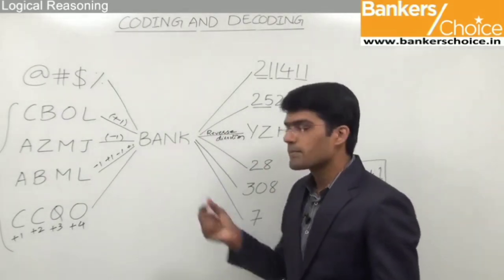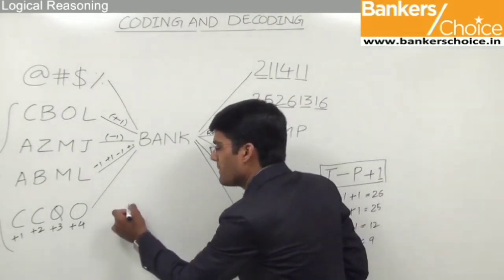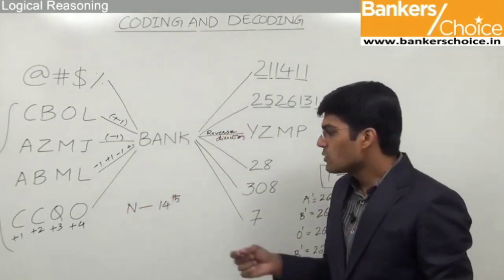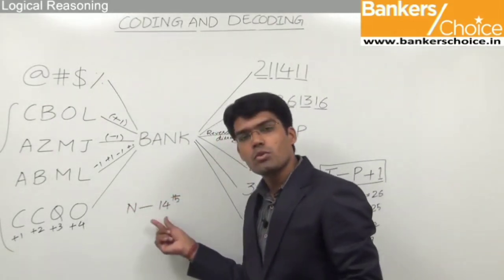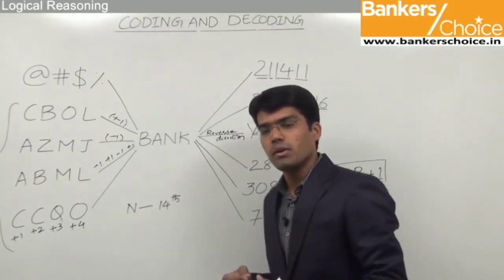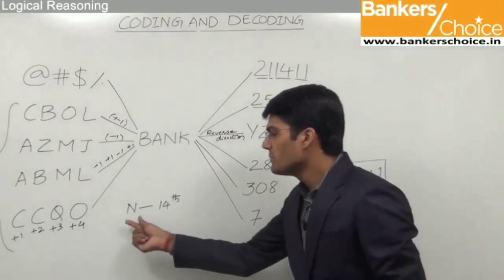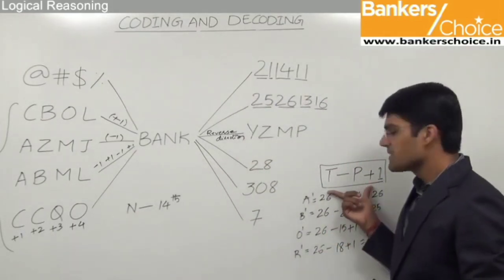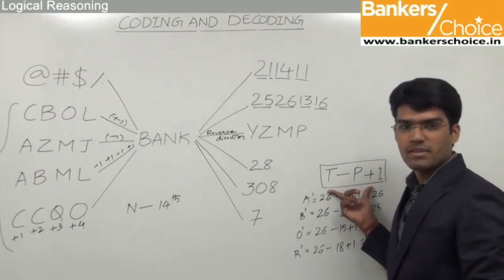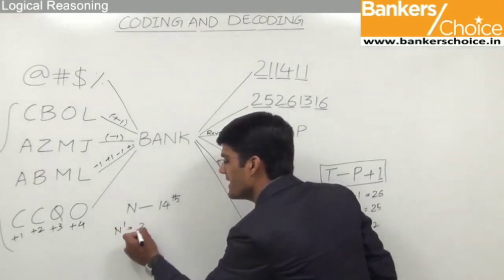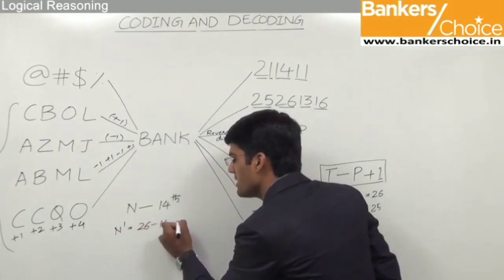Let's take the letter N. We know that in the alphabetical order, N takes 14th position. Now to find out what letter is going to come in 14th place from the reverse alphabetical order, what we can do is, first of all, find out the position of N from the reverse side. And that can be done with the help of this formula, as we have already discussed. So we can say that the position of N in the reverse side will be 26 minus 14 plus 1.